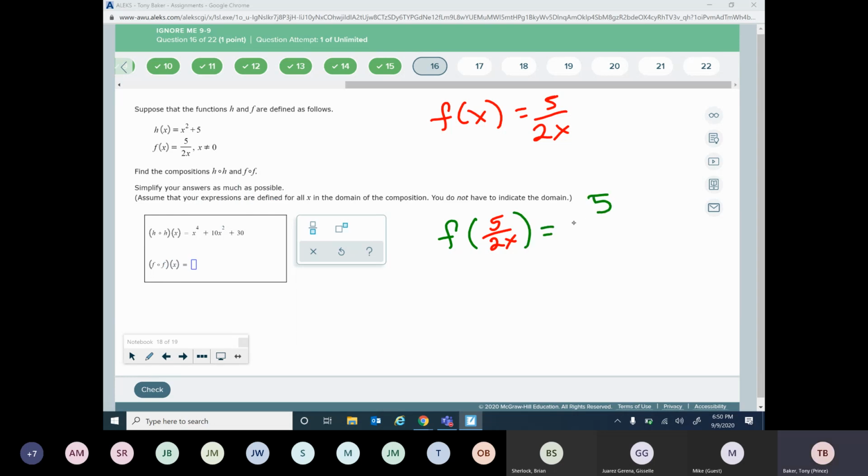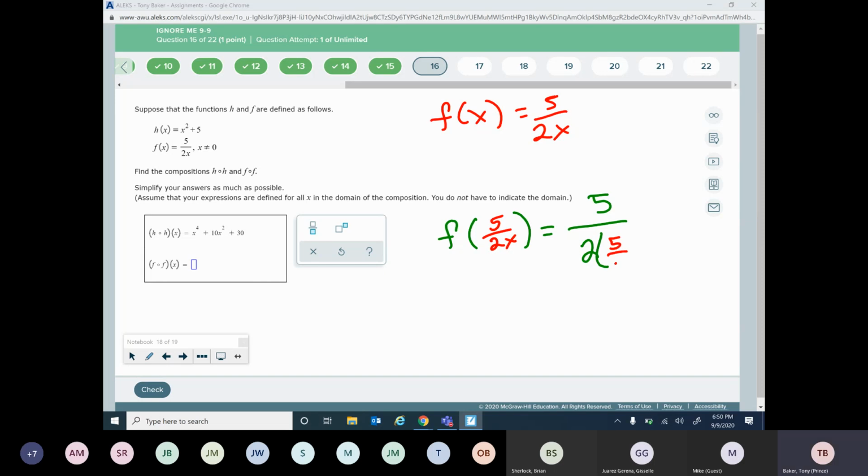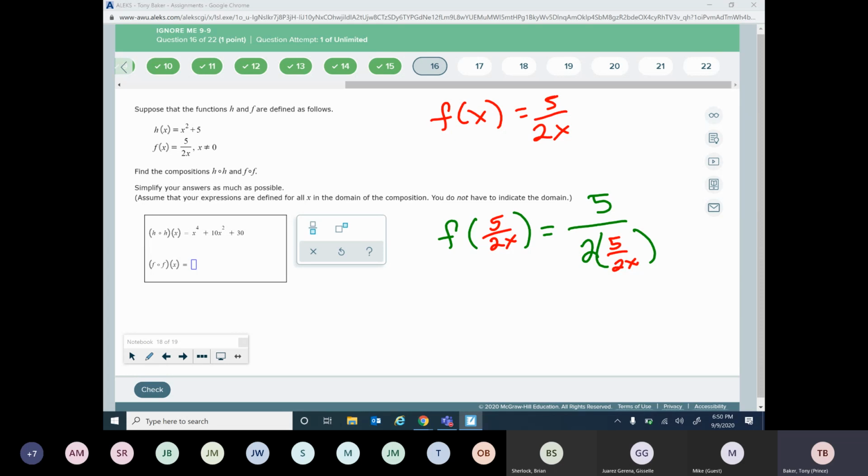So I do 5 divided by 2 parentheses, and then I put 5 over 2x inside of it. So now we've got to simplify this one. So it's 5 over 10 over 2x. So it becomes 5 times 2x over 10, which ends up coming out to be just x as my final answer.